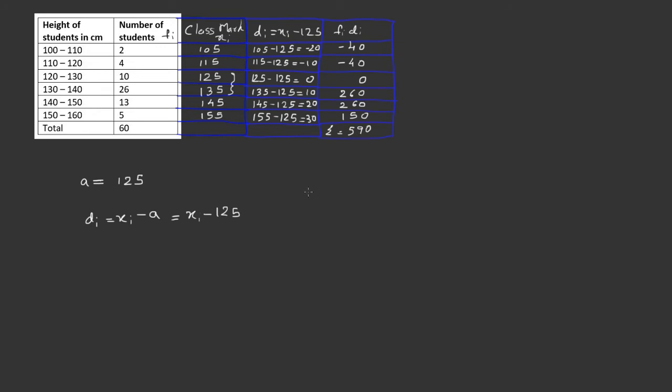We know the mean of deviations d bar is equal to sum of fi di divided by sum of fi. From the table we can easily see sum of fi di is 590 and sum of fi is 60. That is equal to 9.83.